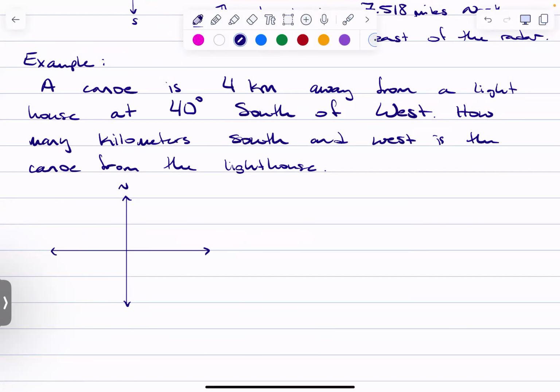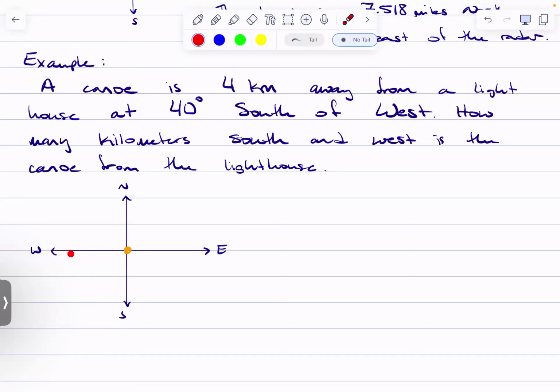Let's get our ever eat shredded wheat on there. We've got our lighthouse, which I'll put at the center because that's where it has to go. At 40 degrees south of west.